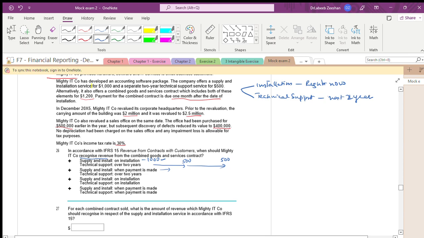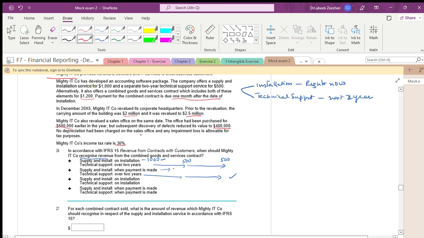No. You will supply and you will say that I will wait for payment? No. The moment you supply and install, you want payment. Fine, this is right. But supply, when payment is made, no. We cannot say when the payment is made.